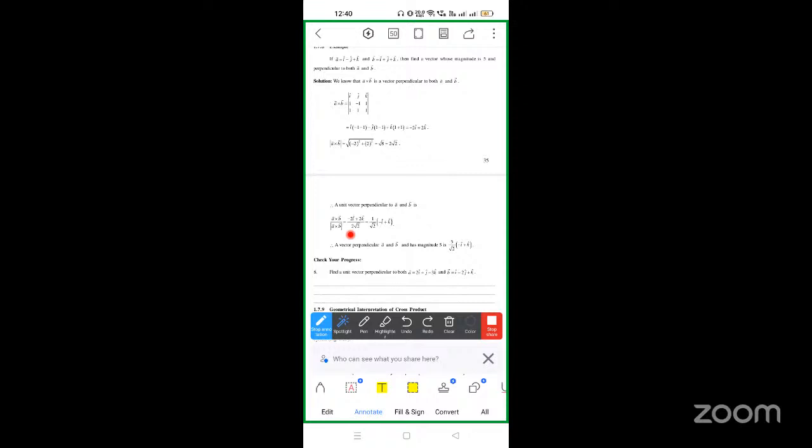So this is the unit vector perpendicular to A and B. Its magnitude should be 5, so we multiply the above vector by 5. The vector perpendicular to A and B with magnitude 5 is 5 by root 2 times minus i plus k.